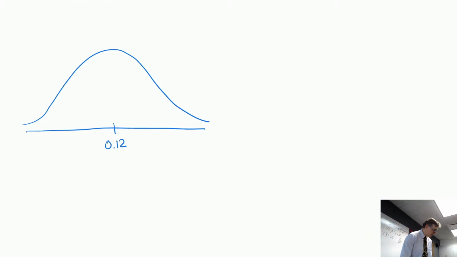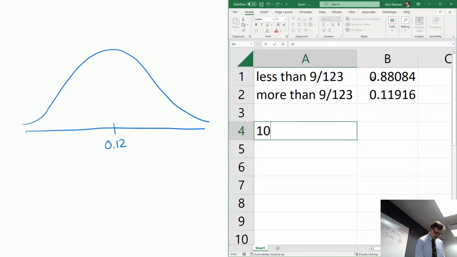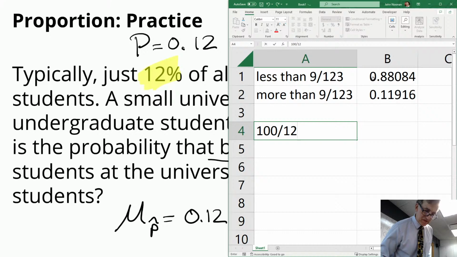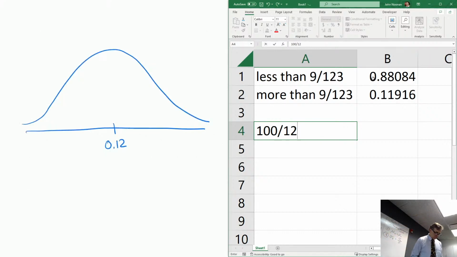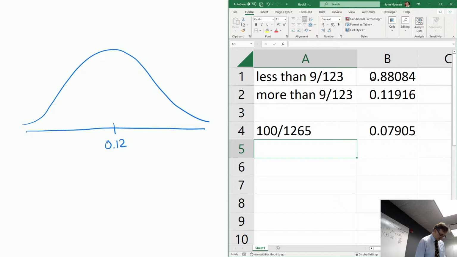I'll need to actually compute what is 100. So 100 over 12, what was that again? 1265. Glad I checked. So I'll do 100 over 1265, and that'll give me 0.79, and then I'm going to do 200 over 1265.